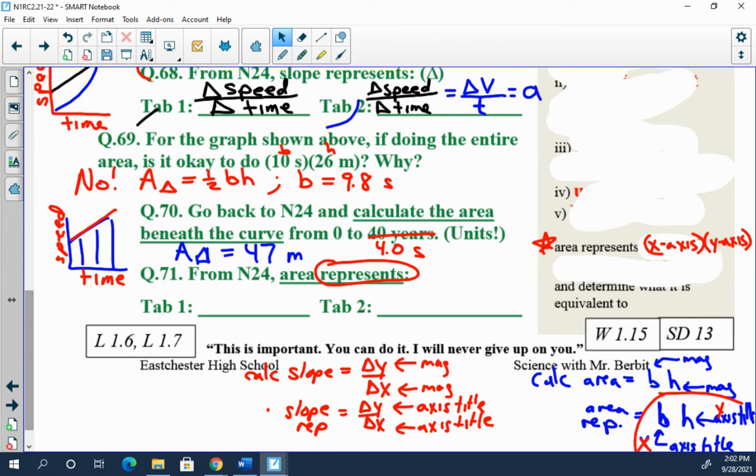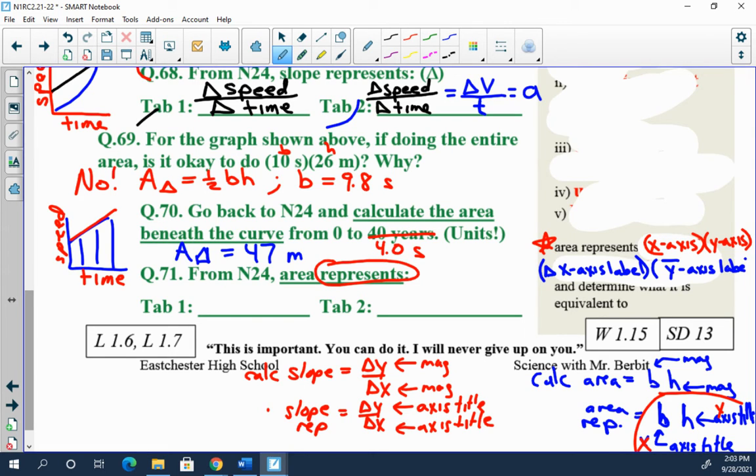Now, there's a slightly more technical version of it, which truthfully won't bother most of you, but you should write this down as well. It's really the change in the x-axis label times the average y-axis label.